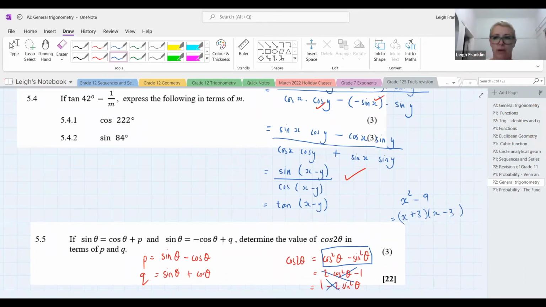How's everybody else doing with 5.4? Have we got answers? Or were you guys also looking at 5.5? Yeah, please share what you got for 5.4.